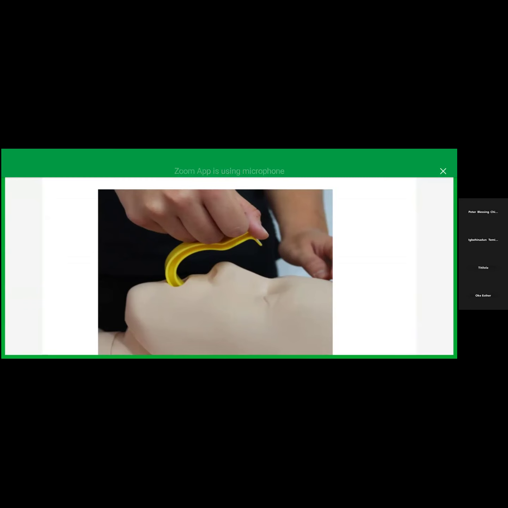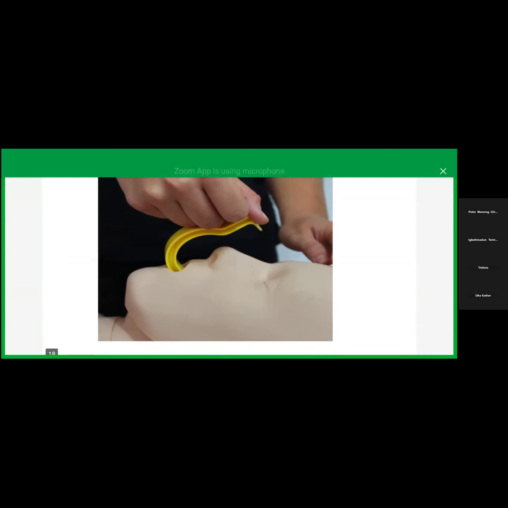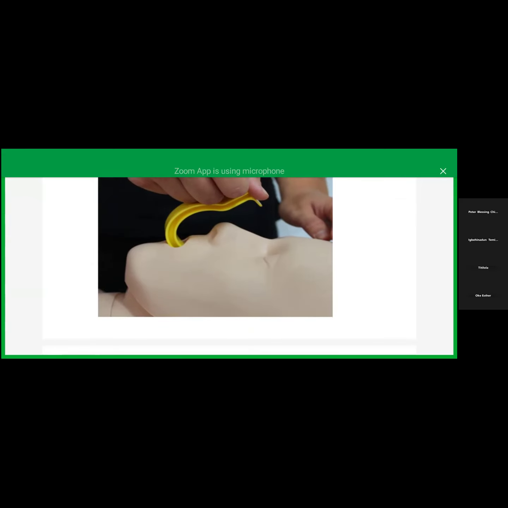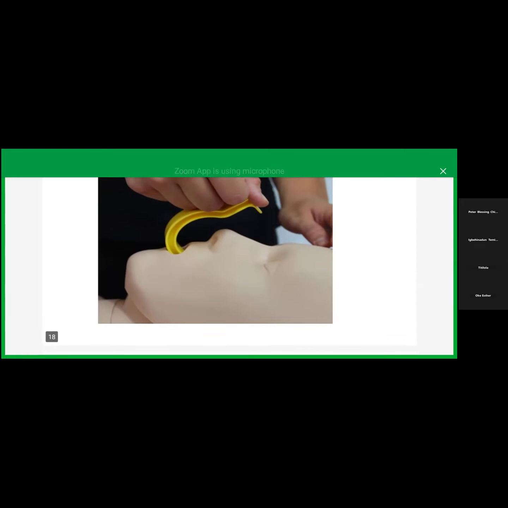So we insert it, go deeply like that. As this person is holding the device at the upper end, we'll see where it has another little curve. When we get to the point where there is a little curve up there, we can now do the anti-clockwise rotation so the airway fits perfectly.